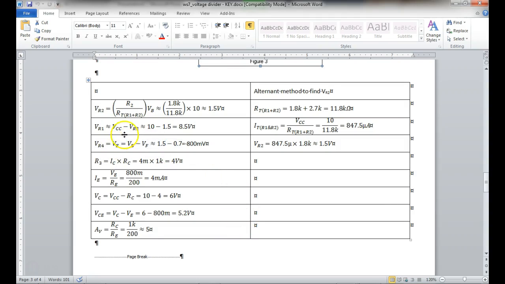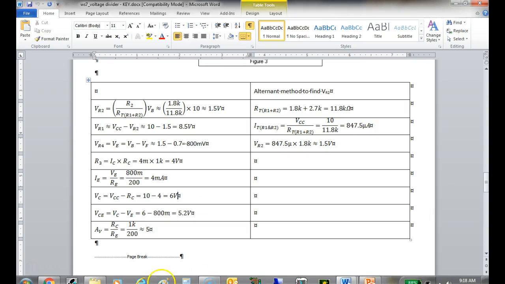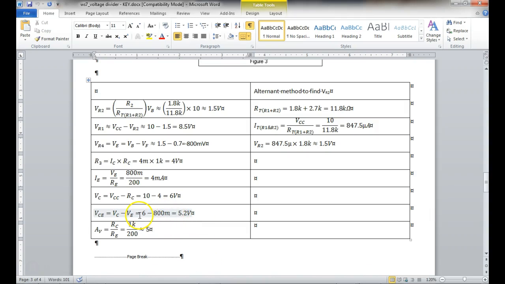Where's VC at? Right here. So we're not subtracting 10, we're subtracting 6. So VC equals VCC minus VRC.